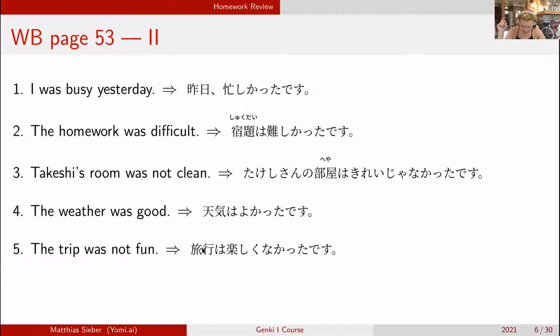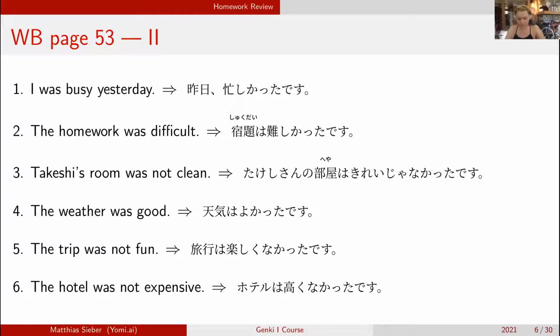So it's ryokou. Oh, I wrote it. I do have ko, but it looks like a te, so I thought, okay. Got it. Thank you. Ryokou wa tanoshiku nakatta desu. Hai. Very good. And the hotel was not expensive, James-san. ホテルは高くなかったです。Very good. Hotel wa takaku nakatta desu.